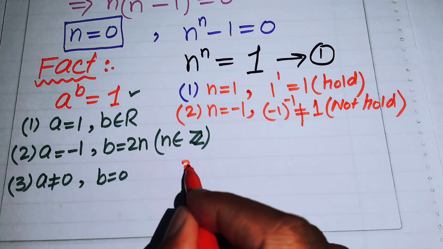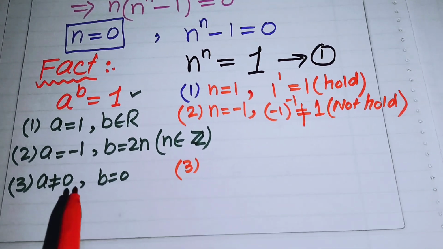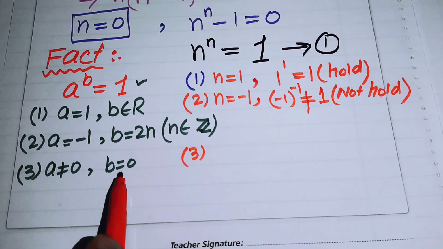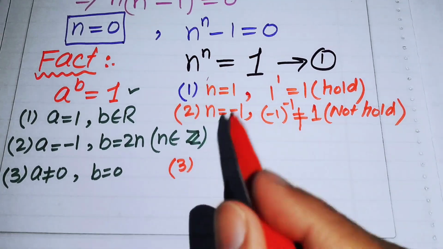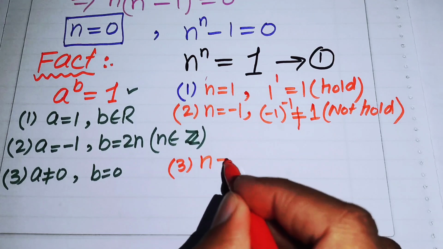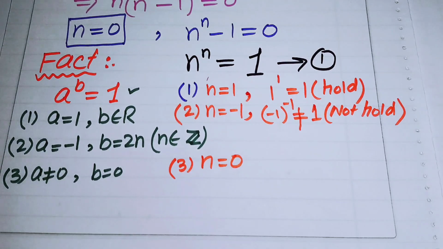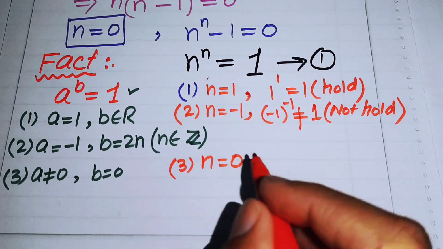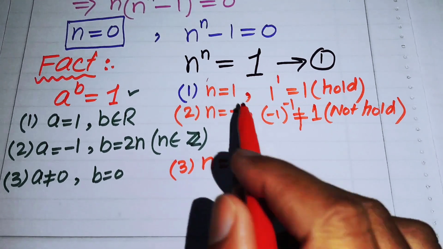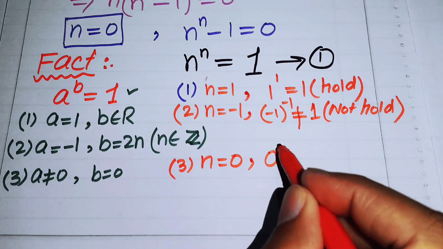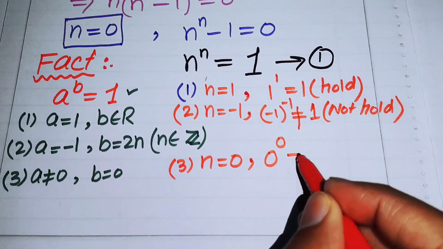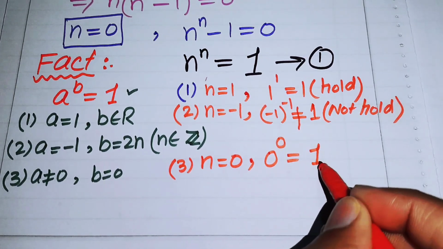In the third case, we choose a not equal to 0 and b equals 0. Here b is n, and if b equals 0, it means that n equals 0. When you substitute n equals 0 in this expression, you get 0 to the power of 0 equals 1.